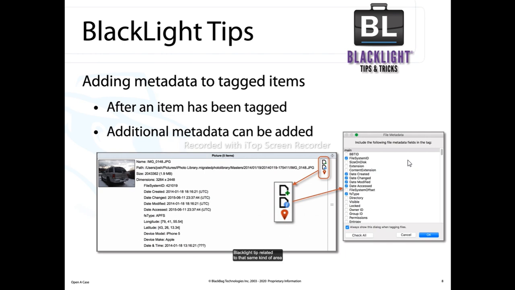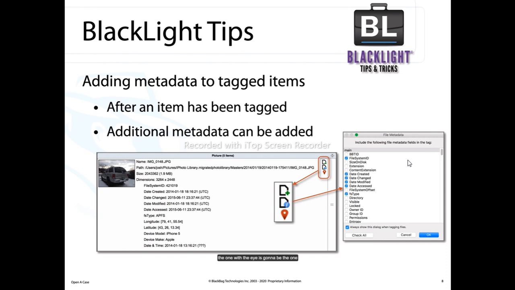A Blacklight tip related to that same area: when you're already within a tag and you can toggle between the hex and the interpreted view, you can also select these other icons here. The one with the green plus in it is just a note where you can type in whatever you would like about that tag.